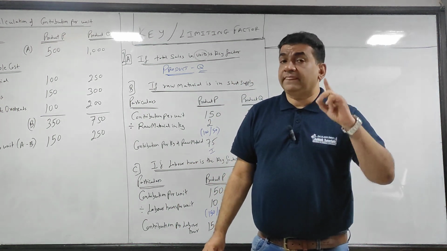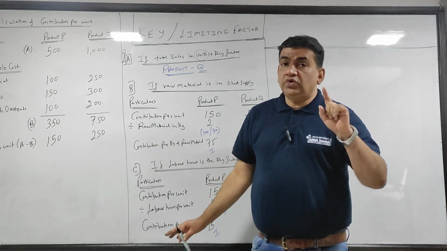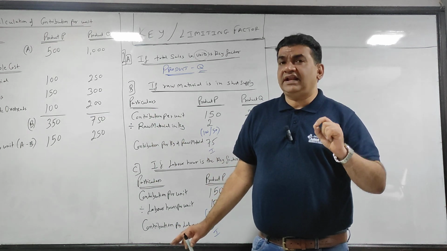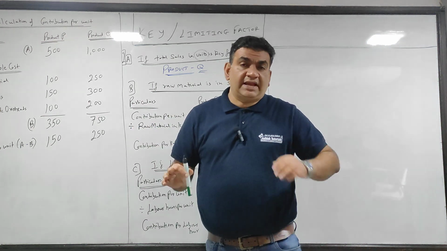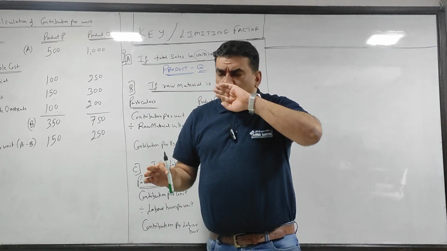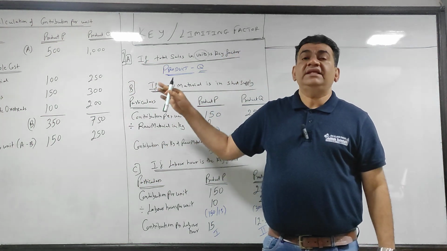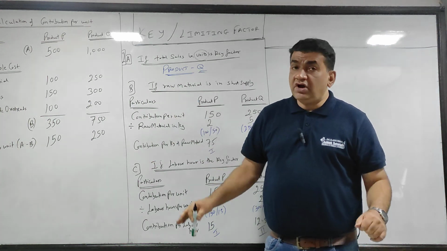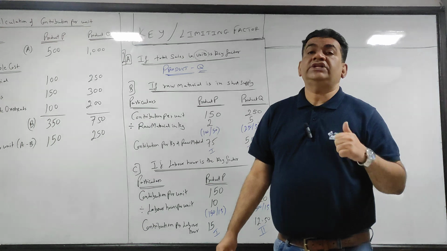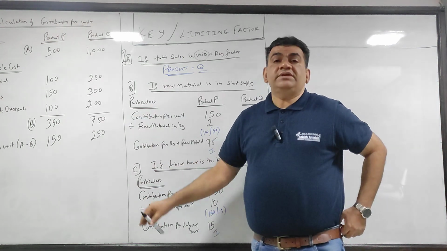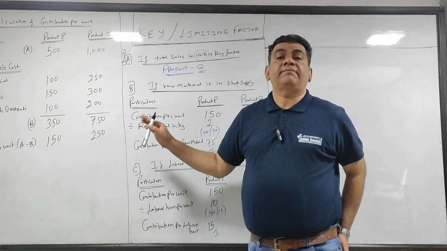So now, with only 10,000 kg, I will have to cut the production of one of P and Q. What I explained to you in the starting: because raw material is in short supply, I cannot manufacture full P, I cannot manufacture full Q. I will have to cut production in one of the two.